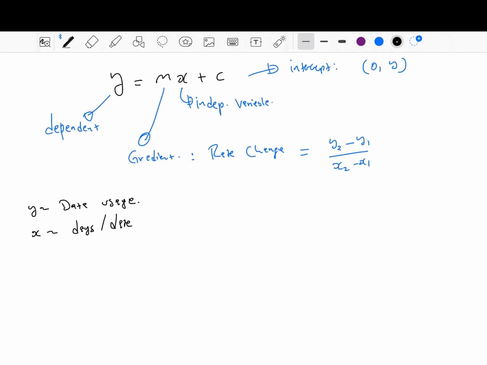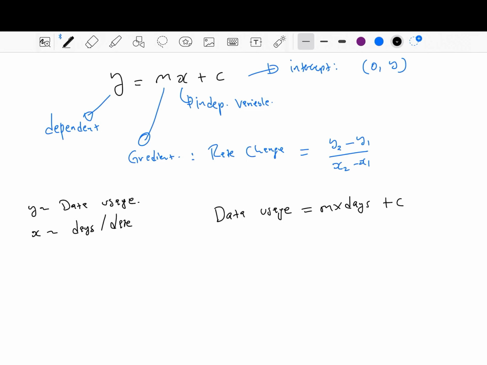Okay, so now from here you can understand what your y-intercept is. You can understand your y-intercept without even having the actual numbers. So in this case, data usage is equal to a gradient times days plus c.